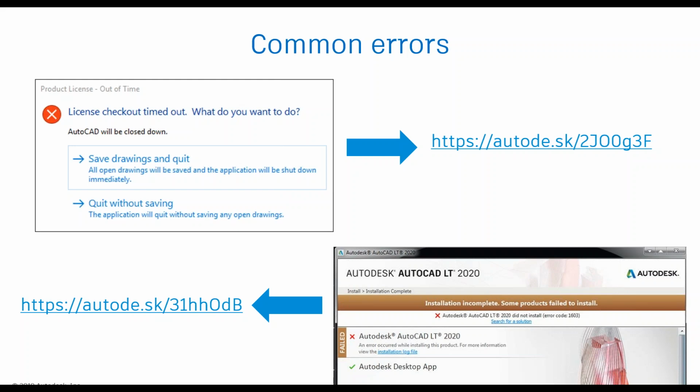The bottom one is an installation error. This comes up when the licensing component that gets installed during the software installation is not applied properly. It could be a permission issue. It could be that there are some prerequisites that are interfering with the installation.